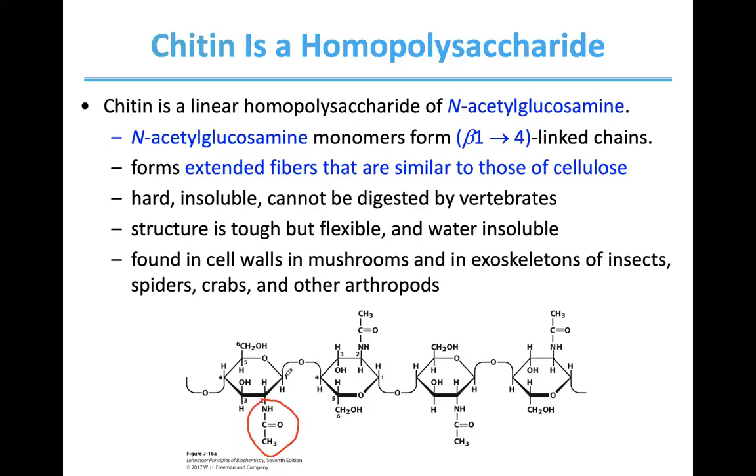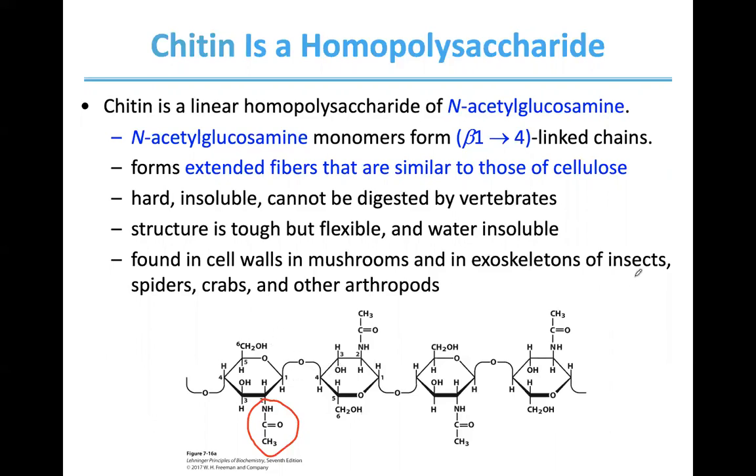But it's the same, a beta glycosidic linkage, right? So the oxygen is on the same side as the CH2OH. This is the anomeric position and the CH2OH on the same side.